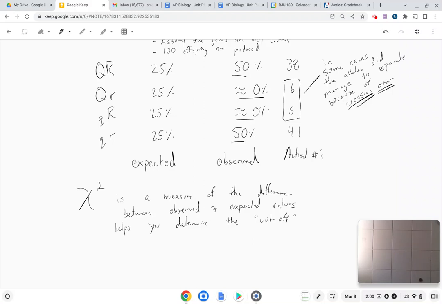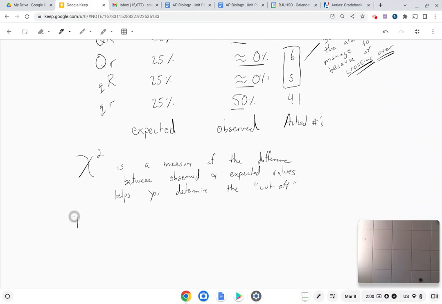The larger the chi-squared value, the more likely they are linked, right? Therefore, we reject the null hypothesis. We'll look at null hypothesis in more detail and all of that language, right?